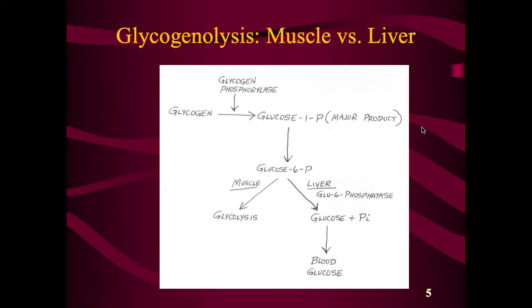So in muscle, when we have glycogenolysis, it's going for glycolysis. In the liver, glycogenolysis can lead to glucose going into the blood or glycolysis. So that's what I'm missing on here. I should probably have put glycolysis for liver too. All right, we mentioned that. But anyway, that's an important point of this.